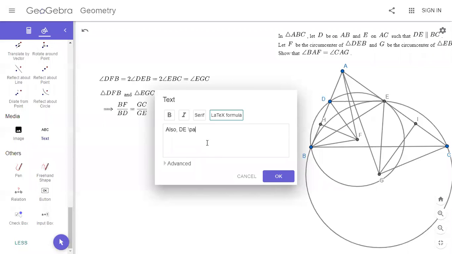Since DE is parallel to BC, we have BD over AB is equal to EC over AC. And then we can combine the two.